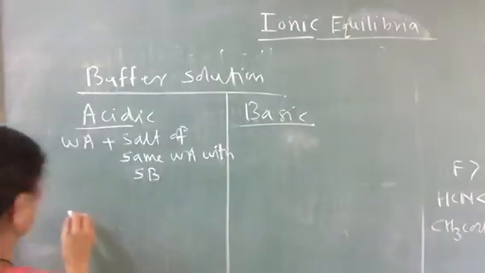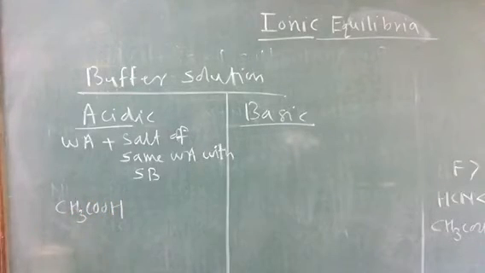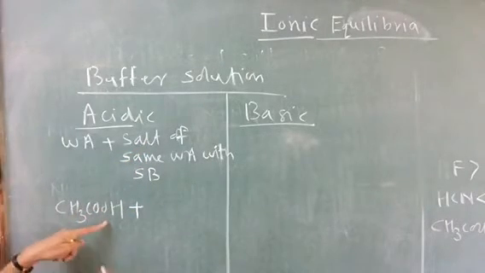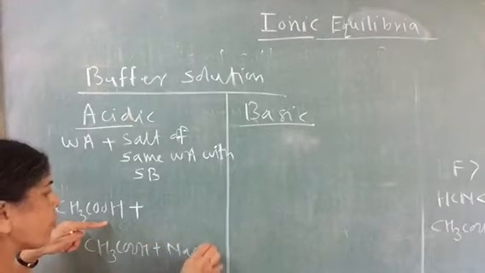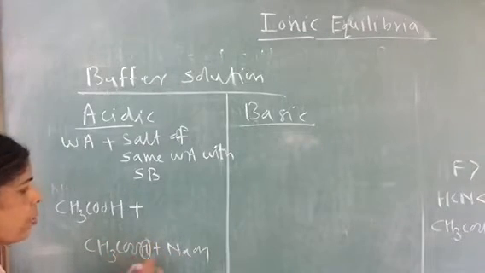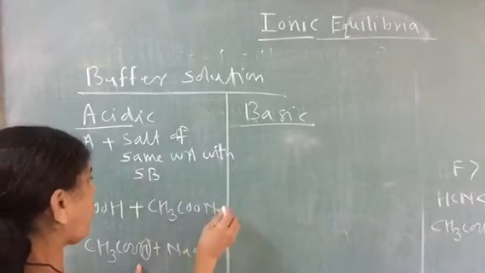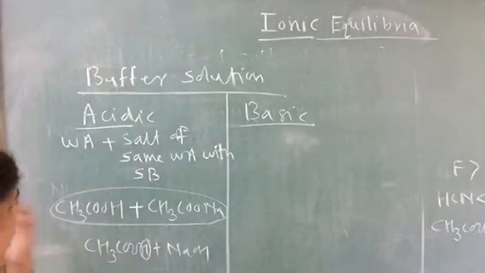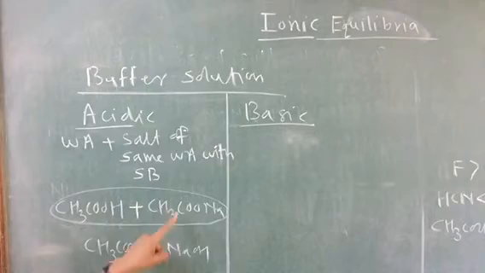For example, weak acid CH3COOH, acetic acid, plus the salt of the same weak acid with strong base. If you have CH3COOH and strong base NaOH, the salt of this acid with strong base will be CH3COONa, sodium acetate. So this forms an acidic buffer.